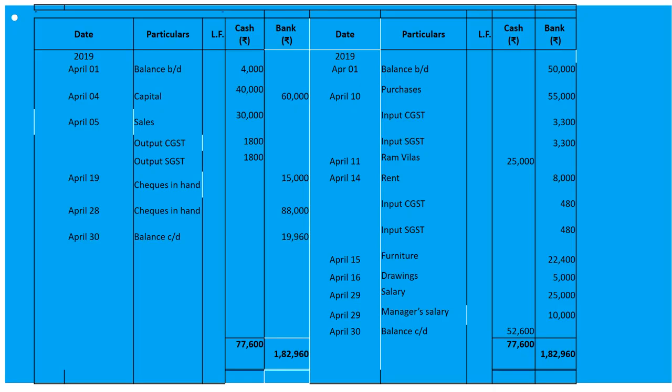Then on the 18th, collection from Atul, but deposited into bank on 19th April. So we will do this entry on the 19th, to checks in hand, and it will be 15,000 in bank. Fine.